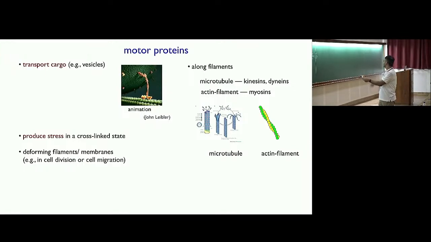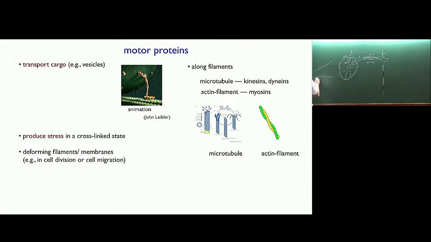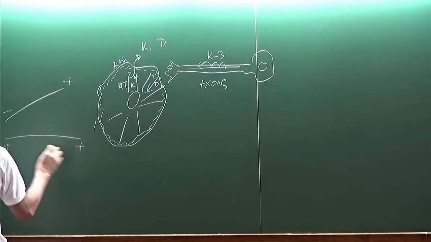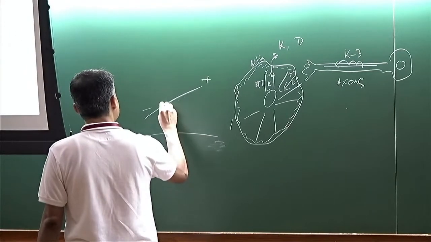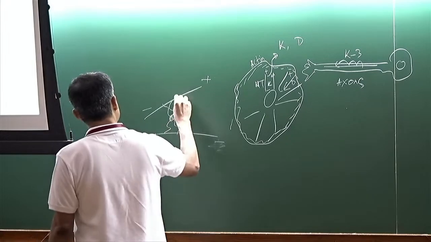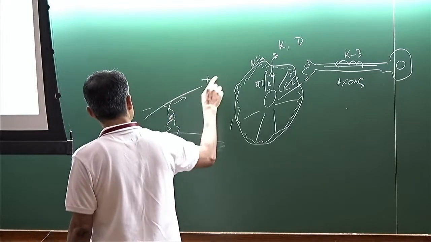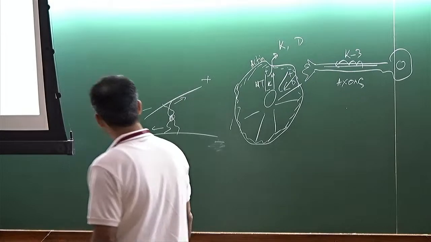So these are the two kinds of filaments I showed, microtubule and actin filaments. Apart from that, molecular motors can cross-link between two filaments and try to walk. You can imagine this kind of structure, where I have these molecular motors, somehow this one is plus and that's minus. There is an assembly of molecular motors, some of which are trying to walk towards the plus end, and others towards the minus end.